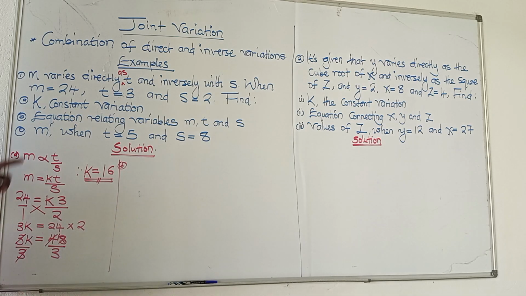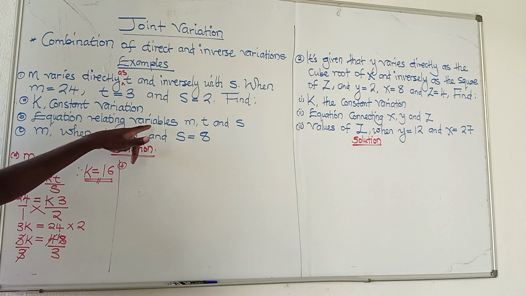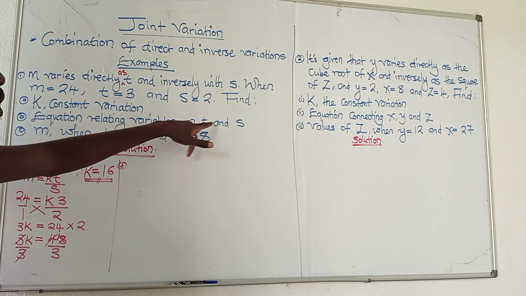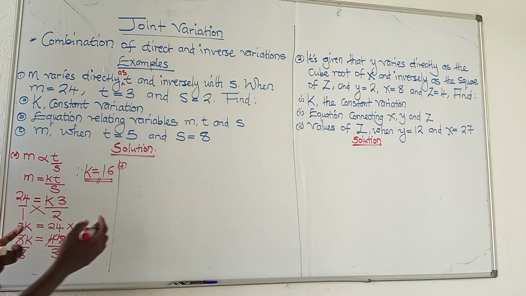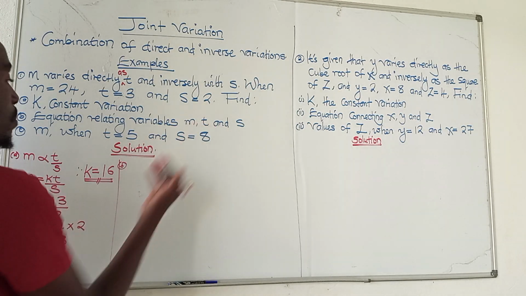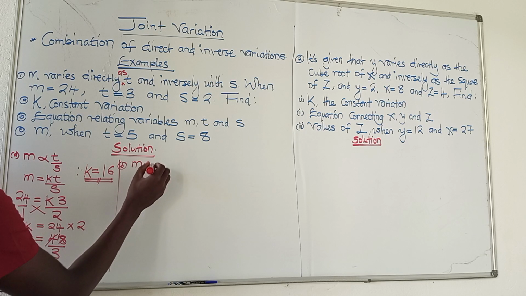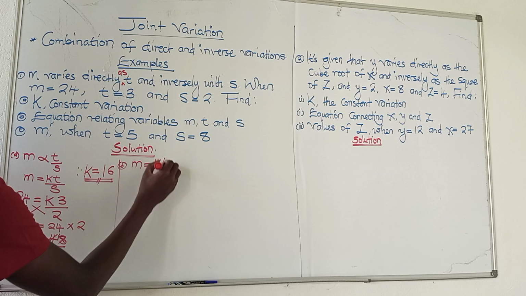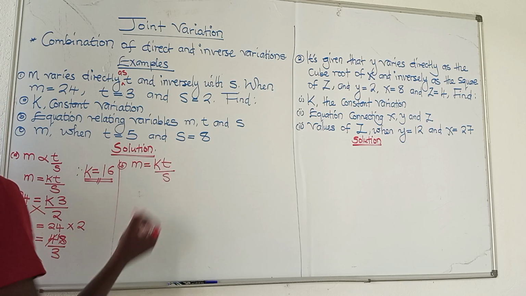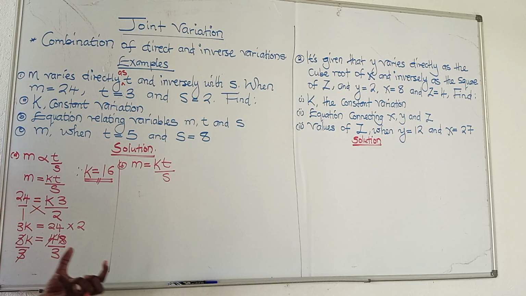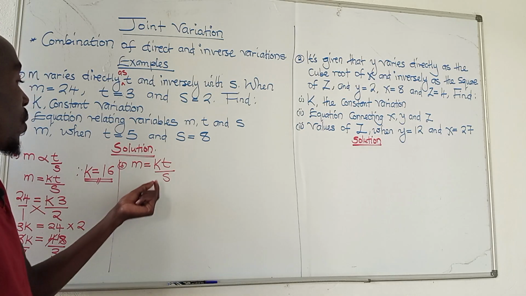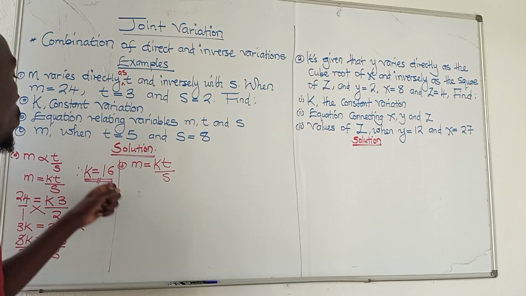In B, we are finding the equation relating variables M, T, and S. What equation is connecting these three variables? From the equation, we have M equals K T over S. Now, all that is being asked here is that we replace K with what we have found.